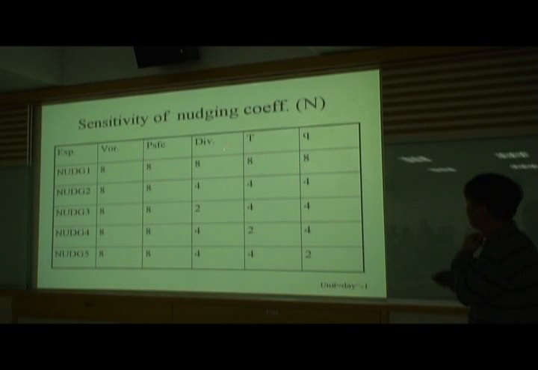And as you can see, the nudging coefficients are different for different variables. So the nudging toward each variable is different. The intensity of nudging toward R2 for each variable is different because of different nudging coefficients.